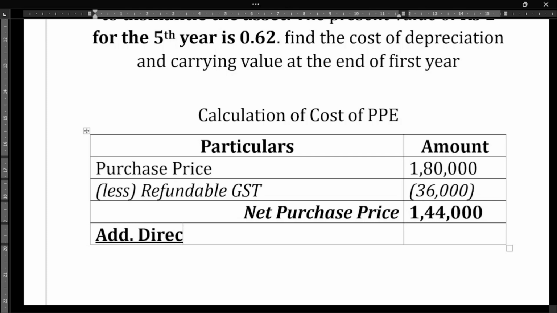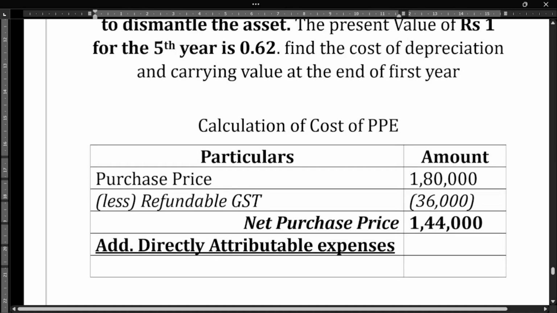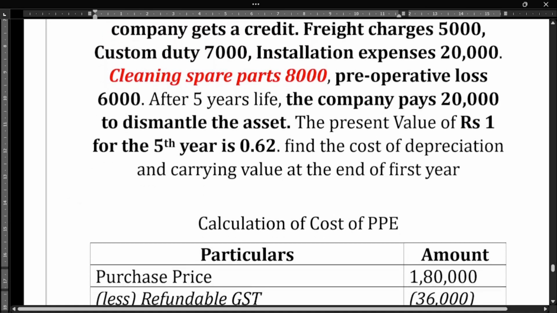Directly attributable expenses. So what are the directly attributable expenses we are having? Let us check that. First one is freight charges.